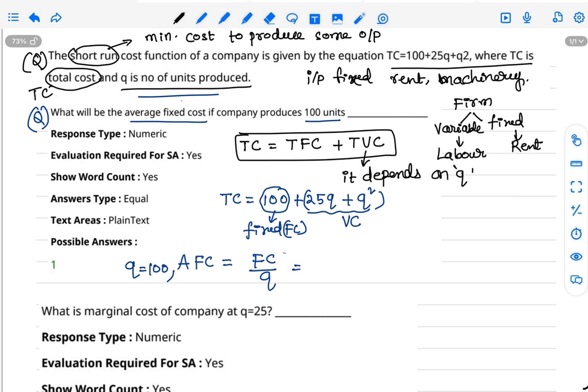The fixed cost equals 100 and the variable cost equals 25Q plus Q square. So 100 divided by Q, given as 100 units, equals 1. This is the answer.